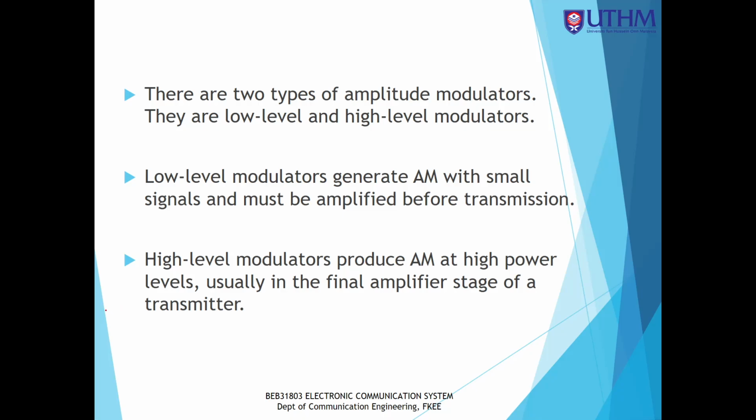For the high level modulator, the modulator produces an output signal with high power, which is suitable for direct transmission, so you don't need to put an additional amplifier before transmission. So the keyword here is that low level means low power, high level means high power.